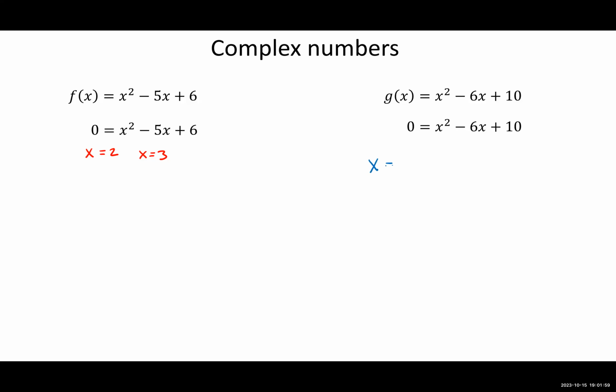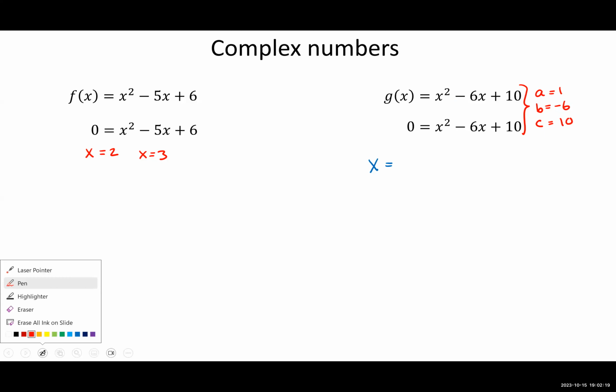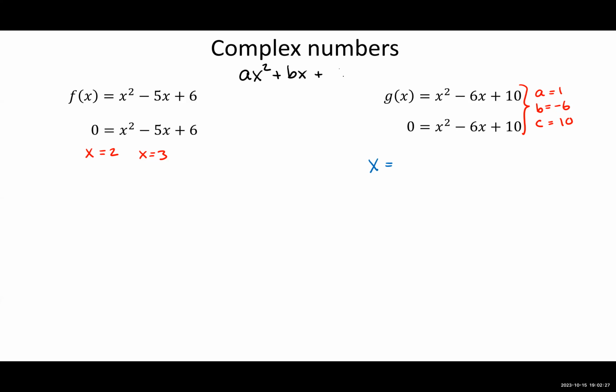So x is equal to, let's just make sure we specify so everyone is on the same page. Our a is equal to 1, 1x squared. Our b is equal to -6, and our c is equal to 10. I'm talking about the a, the b, and the c in the ax squared plus bx plus c definition of quadratic expressions, so the coefficients and the constant at the end, the 1, the -6, and the 10.